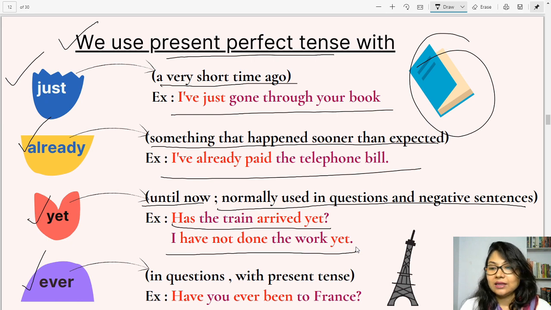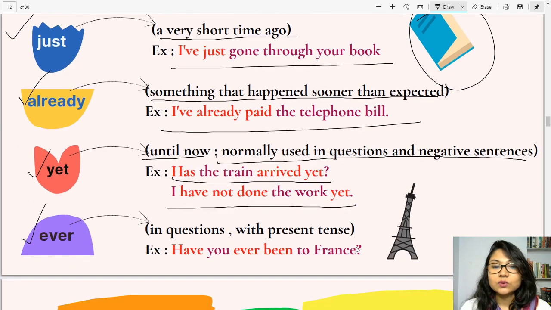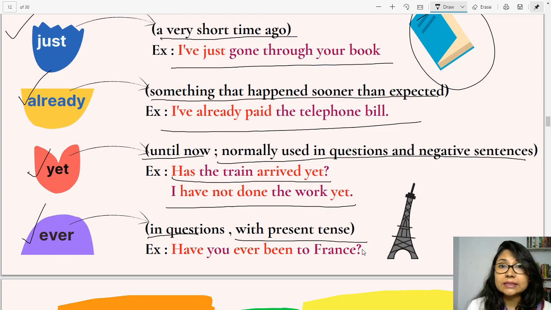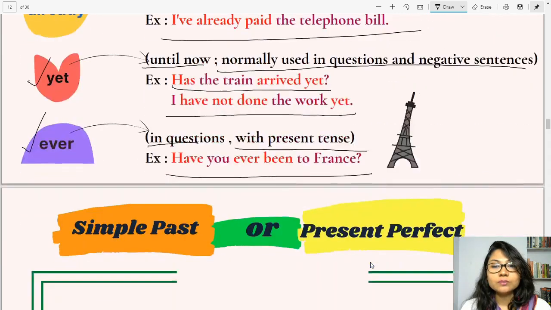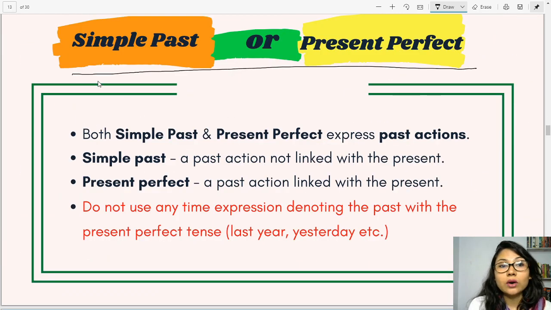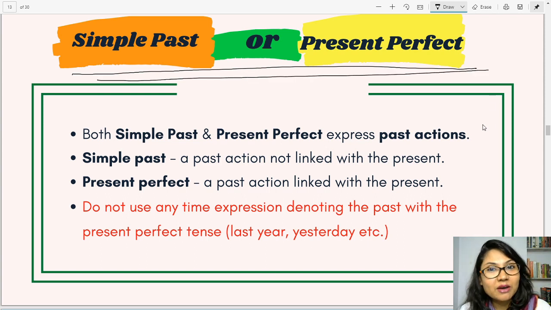Alright. Now, let's look at the next one. That is ever. In questions with present tense. Example, have you ever been to France? That's the example. So, you're asking a question with ever. Alright. Let's move on. Simple past or present perfect. Children, please clearly follow what I'm about to say.